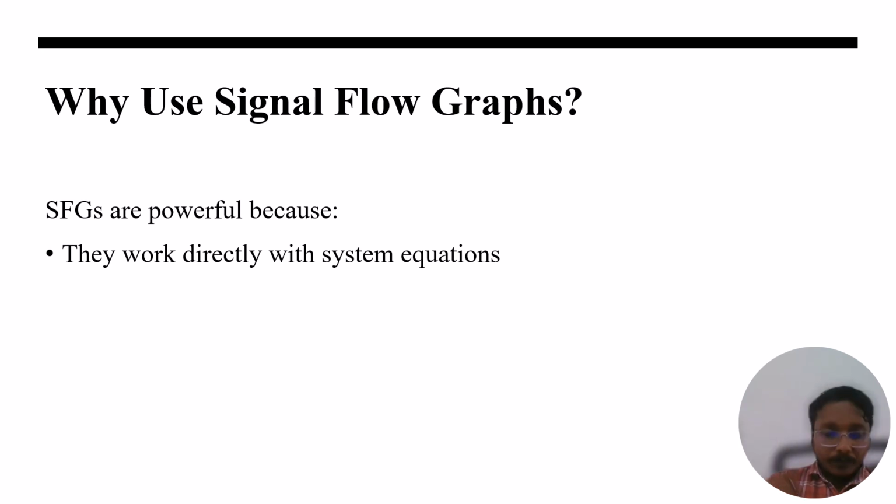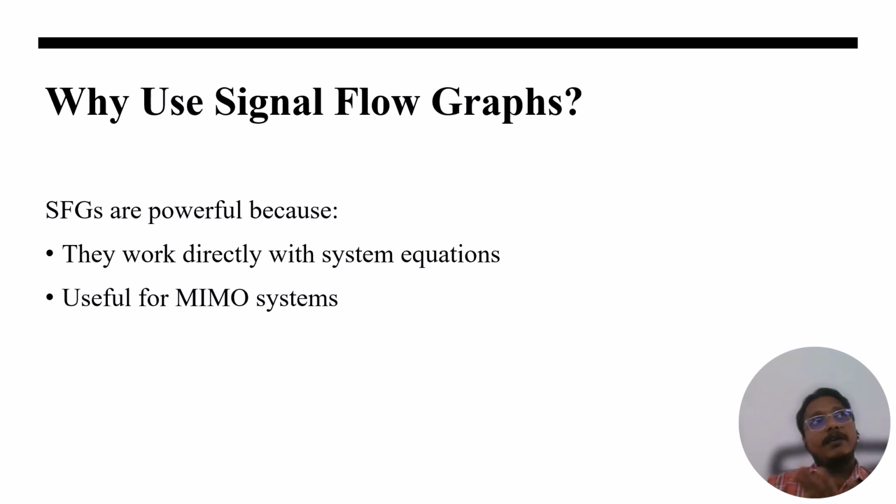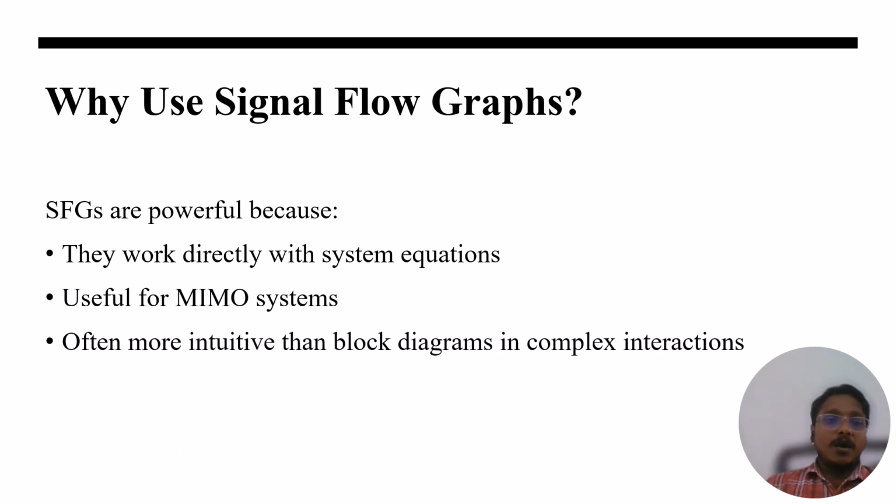They are a direct representation of the system equations, and are useful when you have multiple inputs and multiple outputs, so we can understand with fewer lines and representations. They are often more intuitive than block diagrams in complex interactions, but not for very small systems. When you go to complexity, then you can use signal flow graphs.